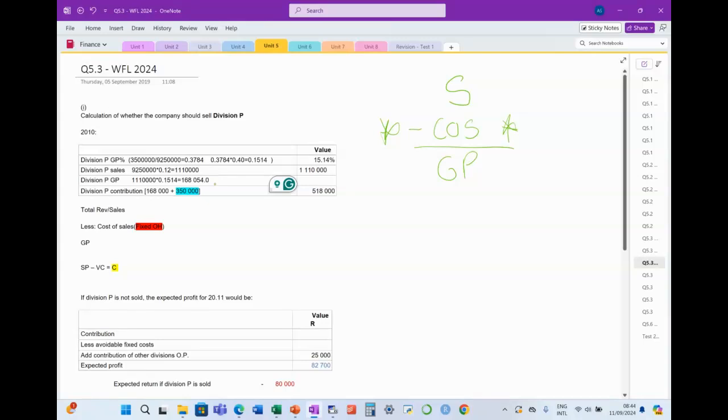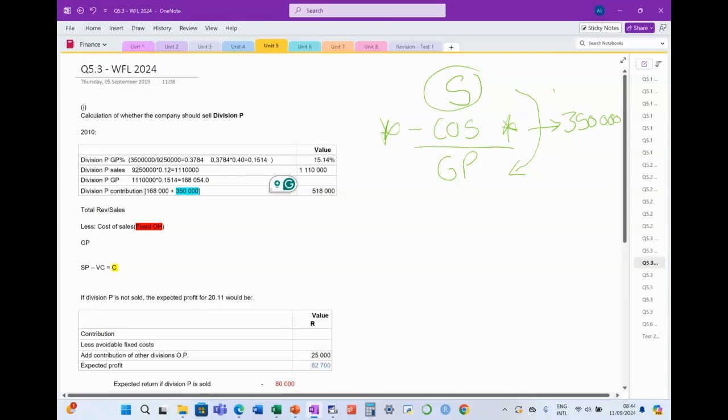We just, off of the gross profit percentage, worked out what our gross profit is from our sales, isn't it? That's what we did. But they're telling us that in this, there is a 350,000 that is fixed overhead. Can you see that?